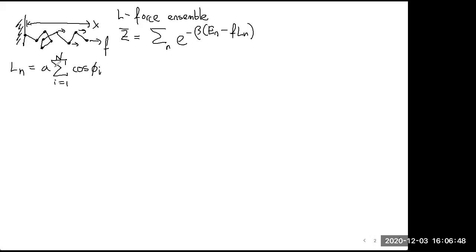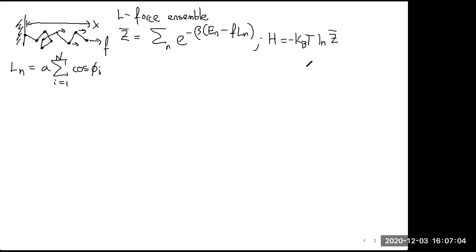So when we have this, we can also define a thermodynamic potential. I will call it H, analogous to the free energy, which will be minus k_B T log of Z. The same story.